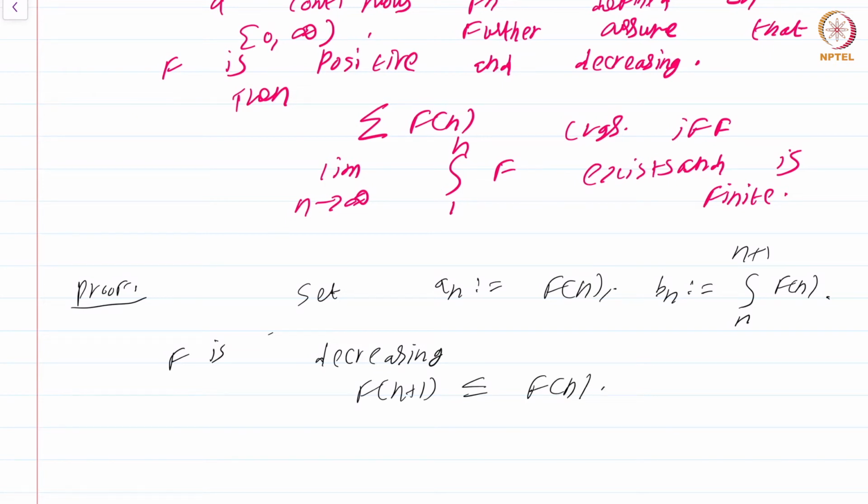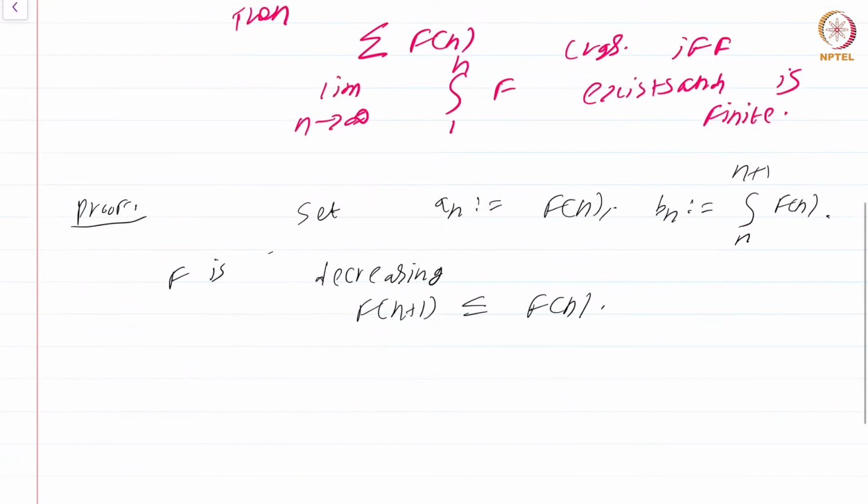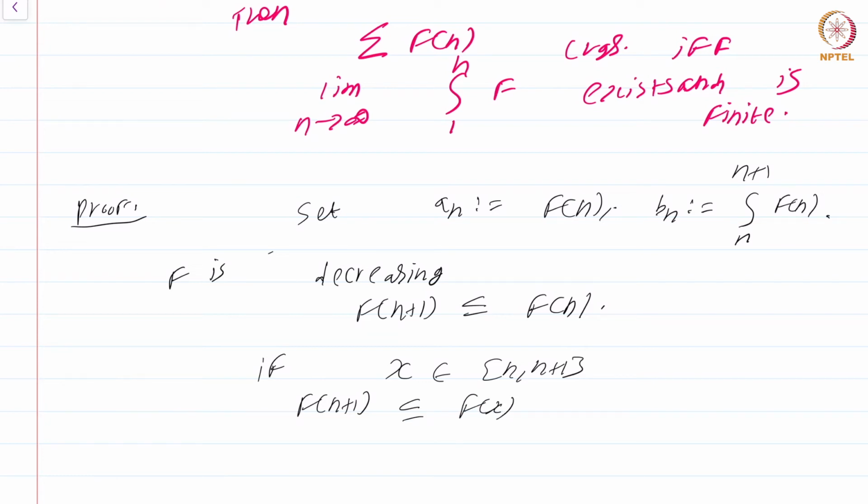It also says that if x is in n to n plus 1, then f of n plus 1 is less than or equal to f of x is less than or equal to f of n. Right, that's what decreasing means.